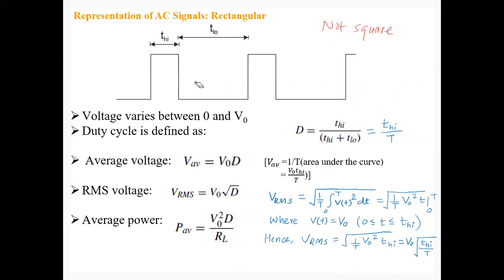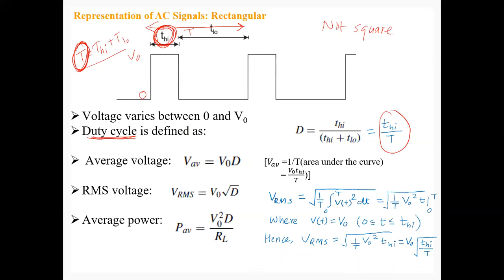Again, the voltage varies from 0 to V0. This is V0. This is 0. Now in this case, we can define the duty cycle. Duty cycle is defined as T high over T. What is the total time here? This is T, where T equals T high plus T low.